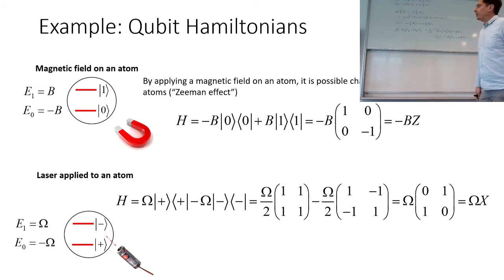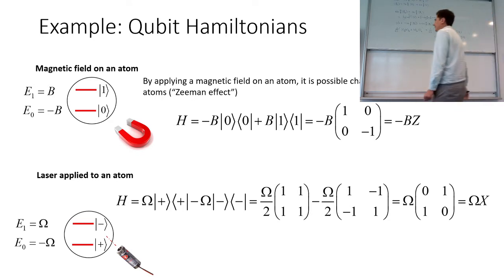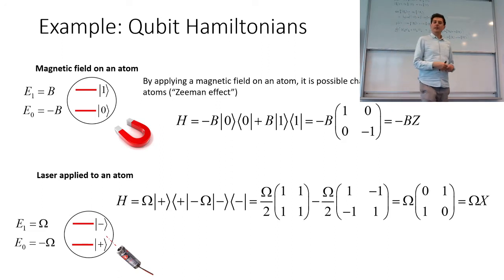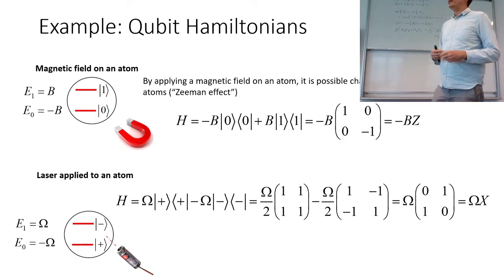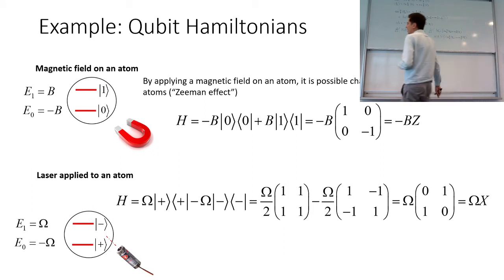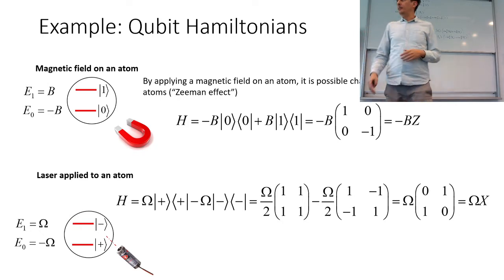So these are energy levels of an atom, and you guys are not physics students, but in physics you learn that if you put an atom in a magnetic field, then the energy levels actually move up and down. One might go up, one might go down.